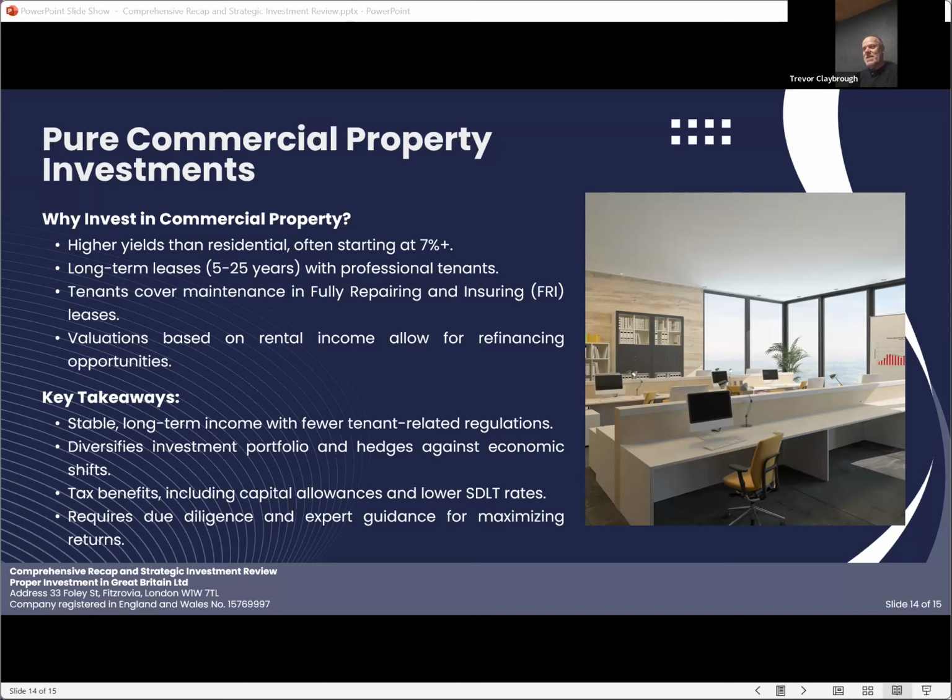However, what is important is that when you're buying a company which owns a property, even though you're not paying stamp duty, there's a lot more due diligence and legal due diligence to do. And you need to use a solicitor that is experienced in buying companies.